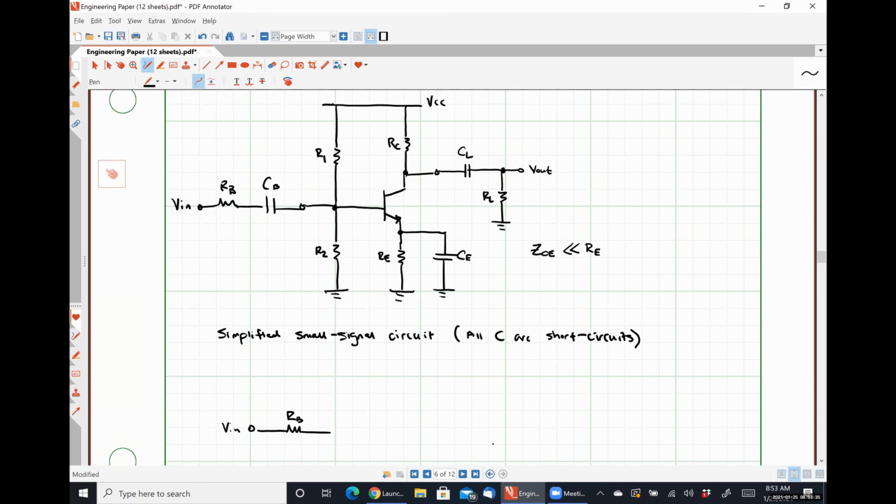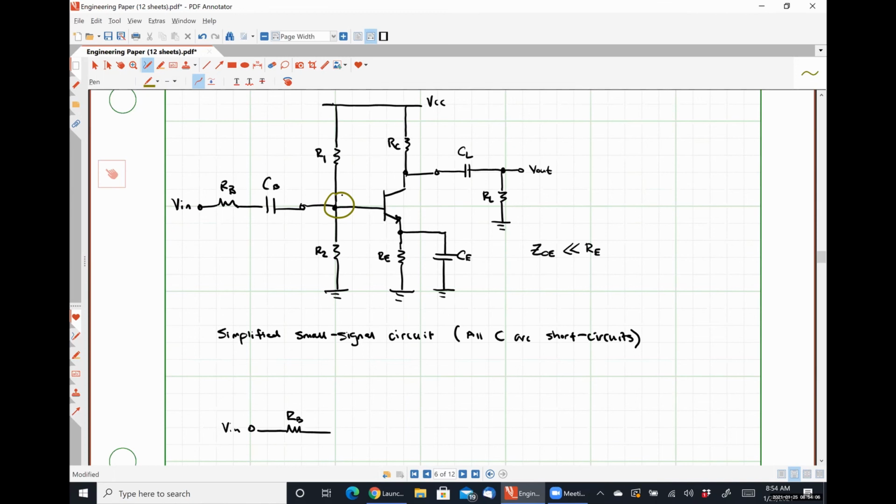How are they connected? So let me do it so the people on Zoom can see too. We're looking at this node right here, okay? If VCC is now 0 volts because we're at a small signal model, then that resistor R2 is between that node I've circled and ground, and that resistor R1 is between that node I've circled and ground.